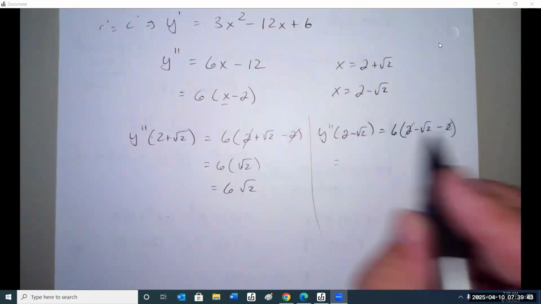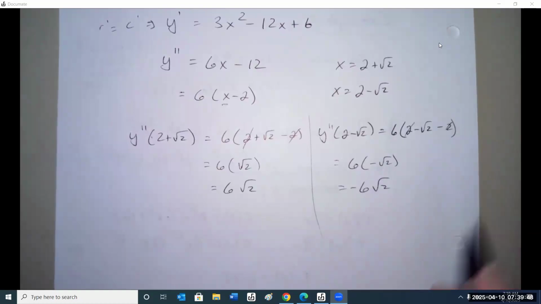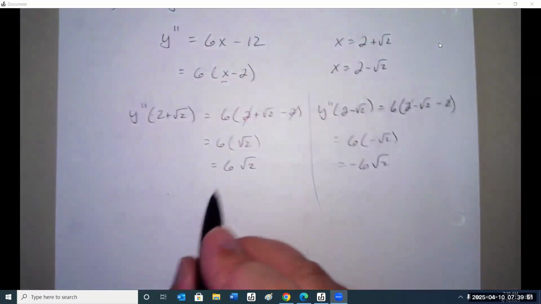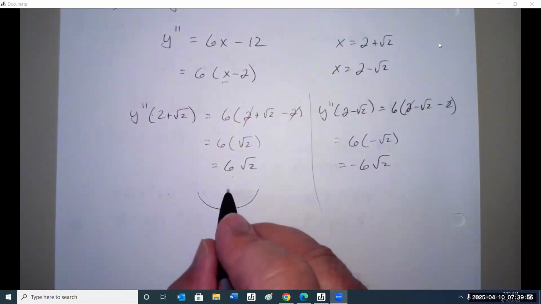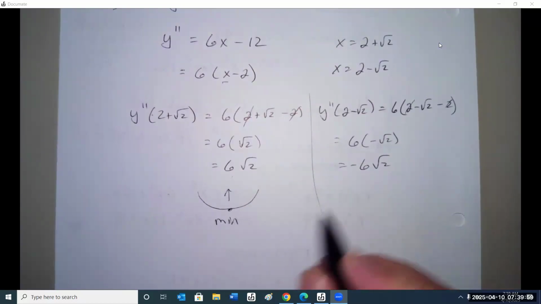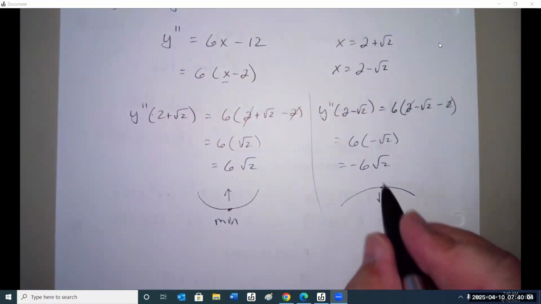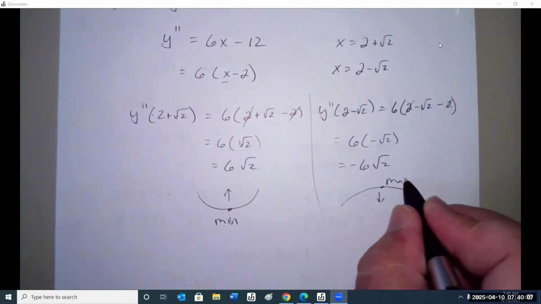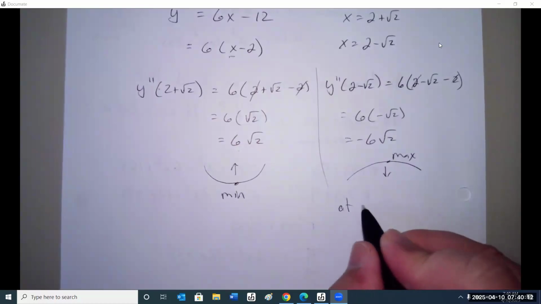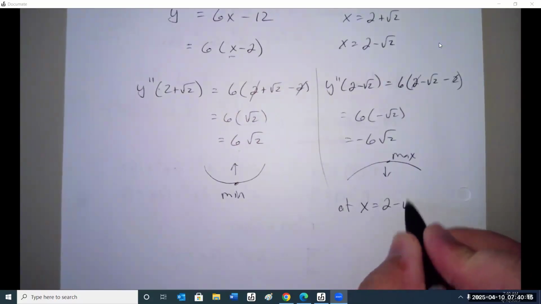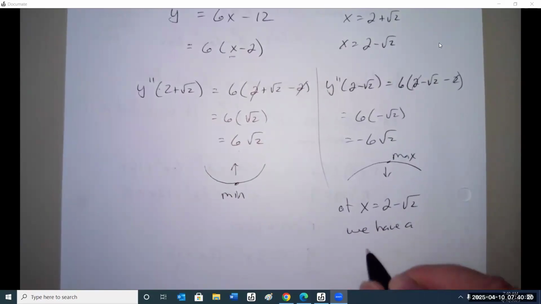So the 2's cancel. So we have 6 times negative radical 2, which makes it negative 6 radical 2. So this one, since it's positive, it opens up. So it's a minimum. This one is negative. It opens down. So it's concave down. So it's a maximum. So at x equals 2 minus radical 2, we have a max.